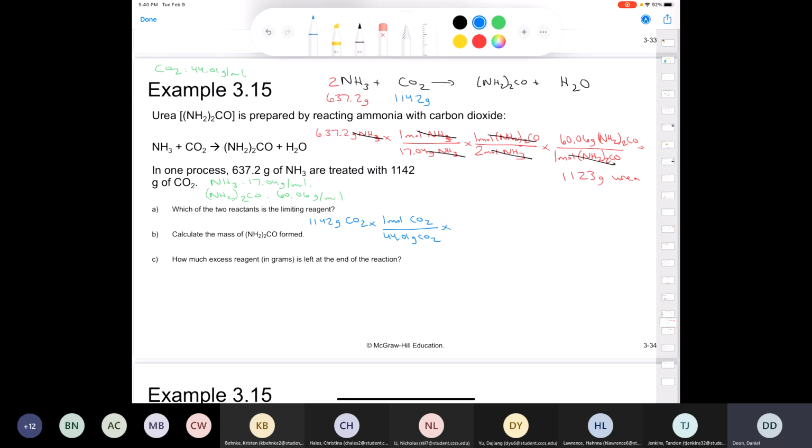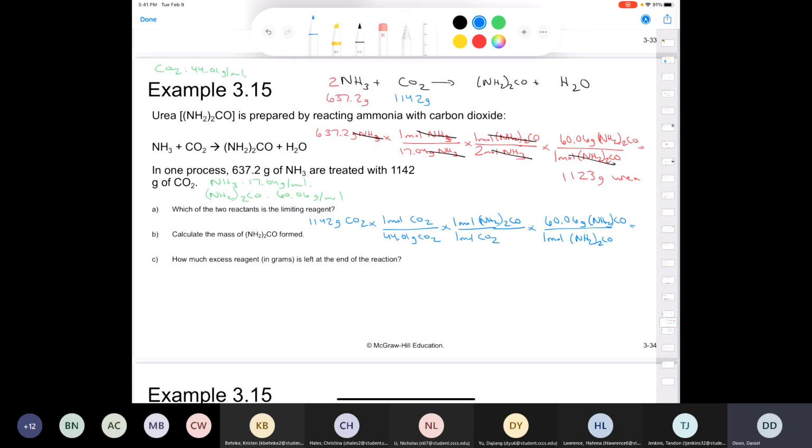From my balanced equation, I know that for every 1 mole of carbon dioxide, I form 1 mole of urea. So 1 mole of CO2 produces 1 mole of urea, NH2 2CO. And again, I know that in 1 mole of urea, I have 60.06 grams of urea.